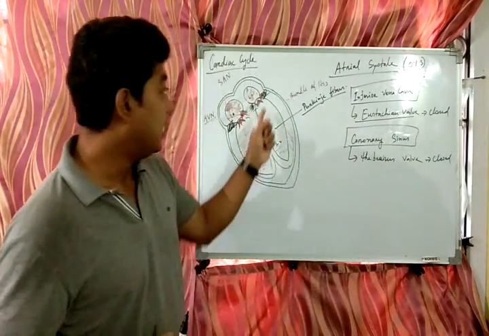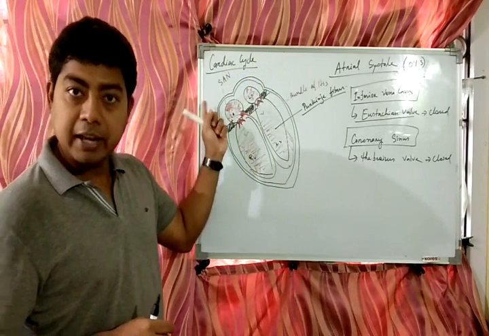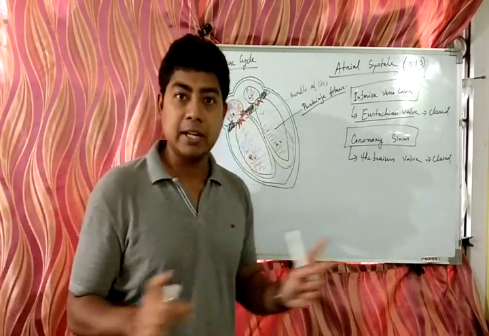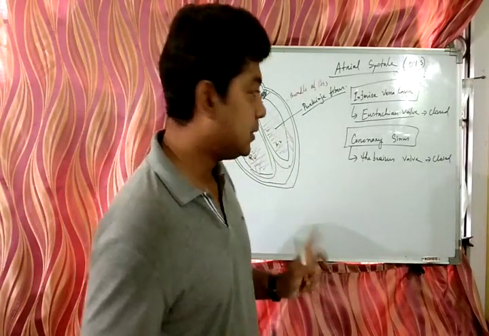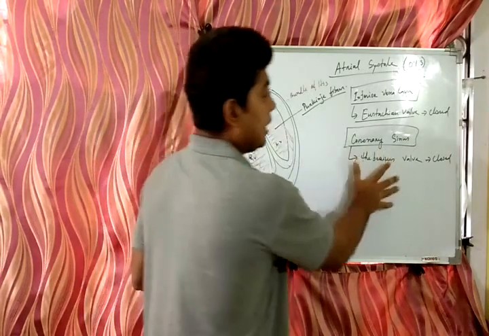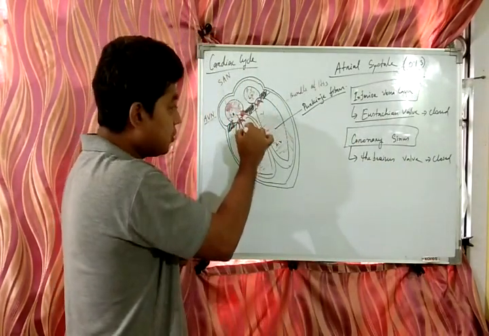And in the same way, blood also comes from the pulmonary veins into the left atrium, and this pulmonary vein also does not contain any valve. So when it contracts, these valves are closed. That's why the blood flows in only one direction, where?